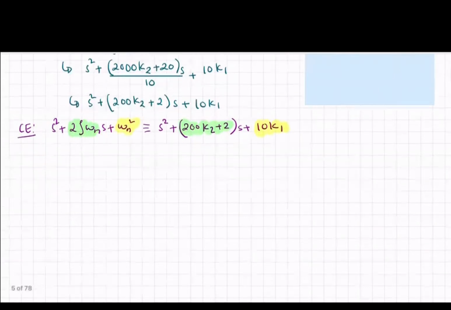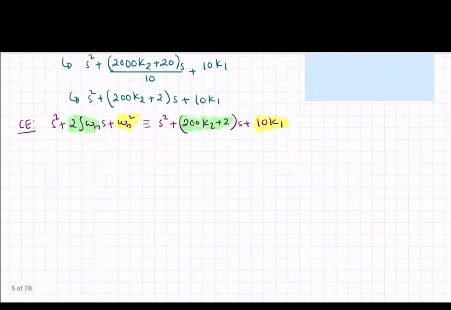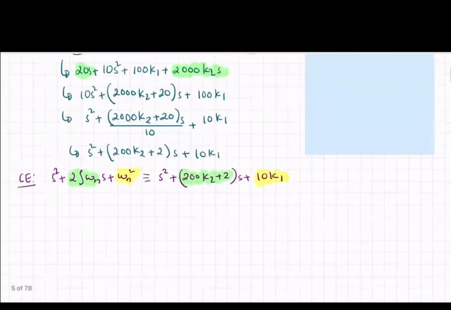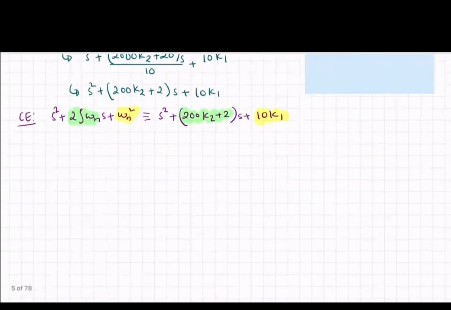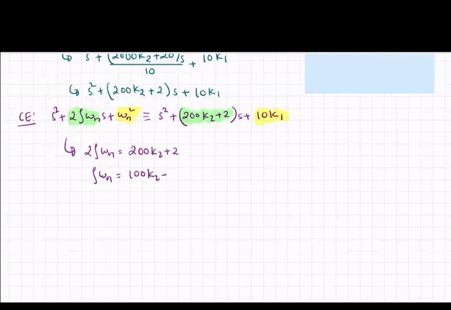Since I'm only interested in k2 because that's what the question is asking, I am going to focus on this. So 2 zeta omega n equals 200 k2 plus 2, and so zeta omega n equals, dividing by 2, 100 k2 plus 1. And this is all I can do for now.